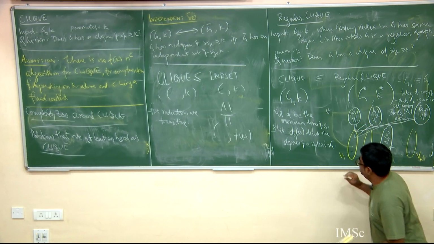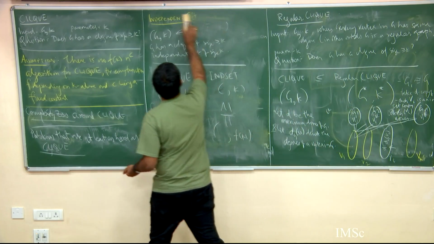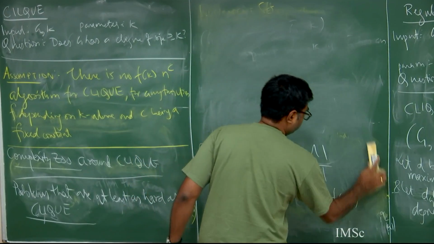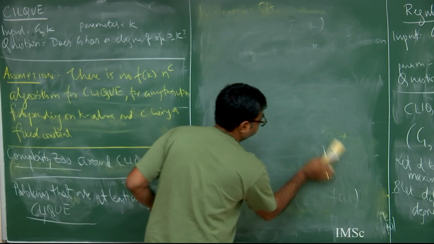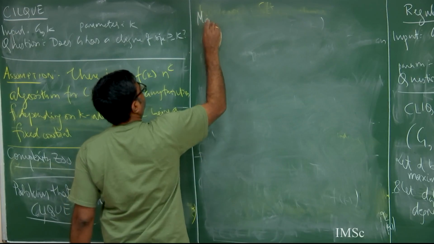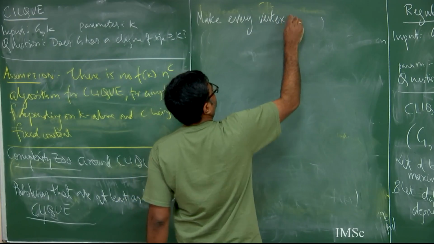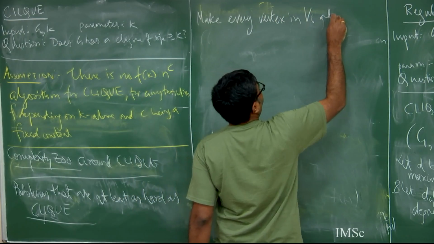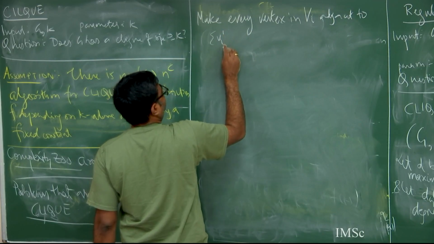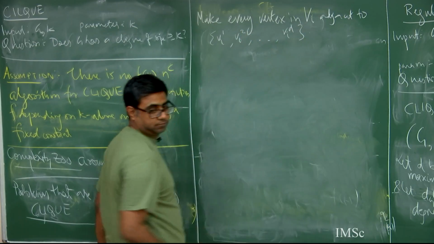So what is the next thing? Next thing is, let's make every vertex in V_i adjacent to v_i1, v_i2, ..., v_iD, right?